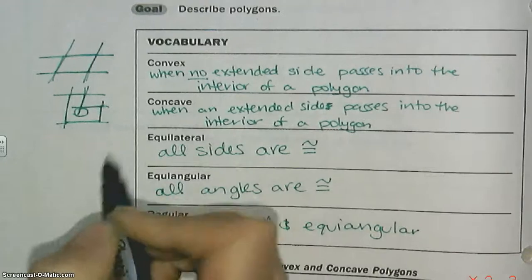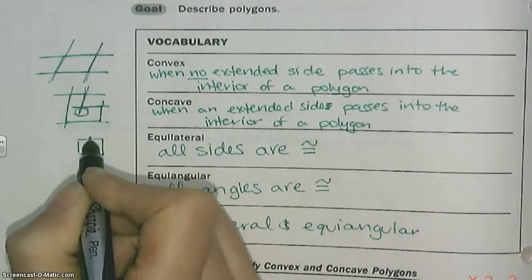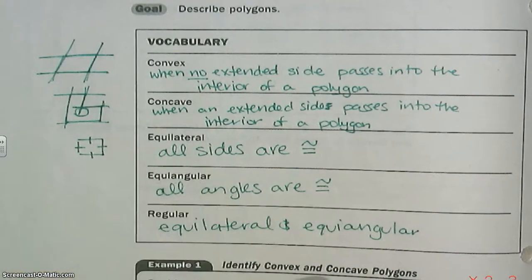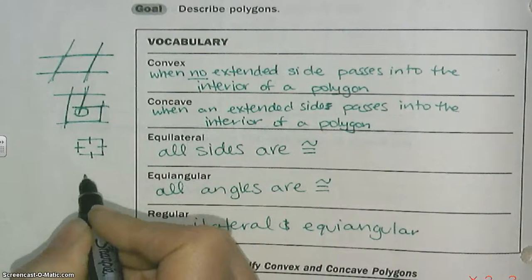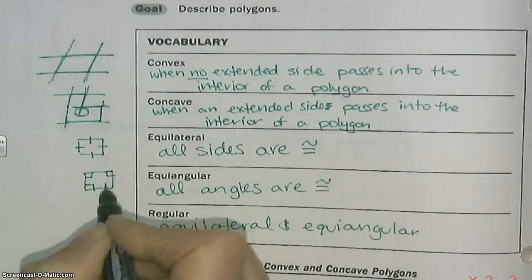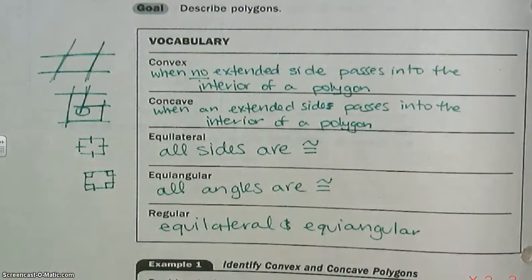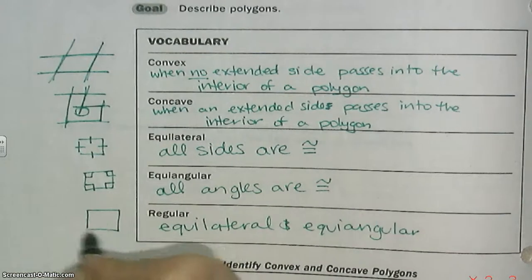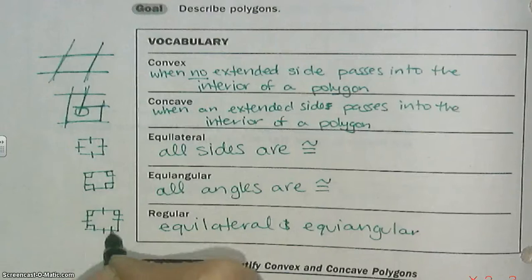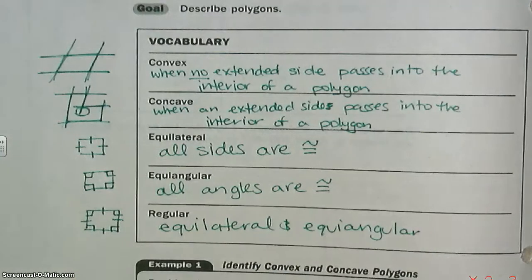So, for example, equilateral, all sides the same. Equiangular, all angles are the same. And then regular is both of those, all the sides and all the angles. Hopefully you see the difference there.